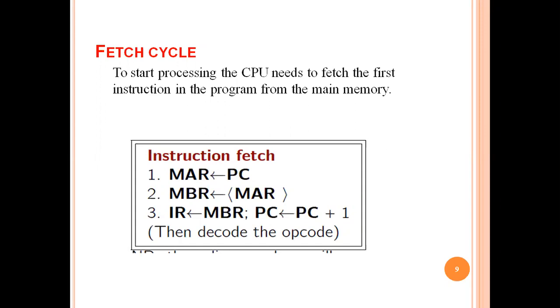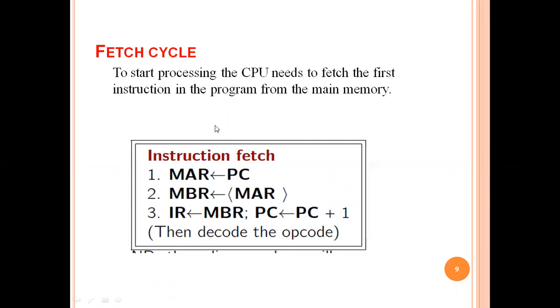So first, see there are three micro operations done in the instruction fetch cycle. Remember, this instruction fetch cycle is common for all instructions. That means whenever you have written any instruction, the processor has to fetch the instruction from the main memory. So instruction fetch consists of three micro operations.